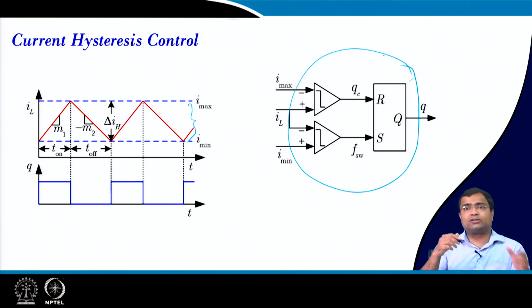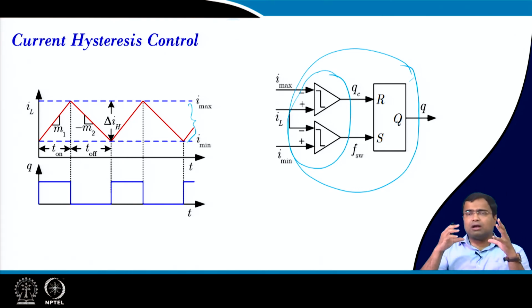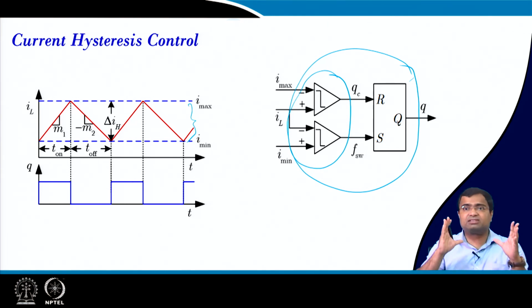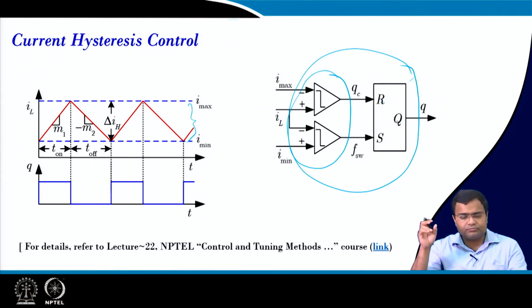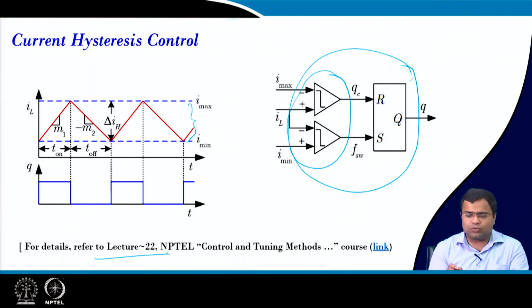But when you go to actual implementation, you may use a single hysteresis comparator rather than two comparators. This is just for understanding using two comparators. And again the details are discussed in lecture number 22 in this NPTEL course. So, we are already familiar with this type of control.